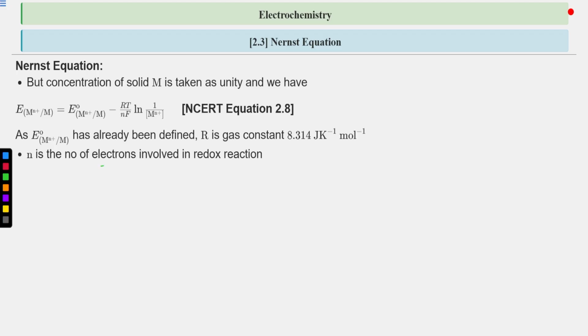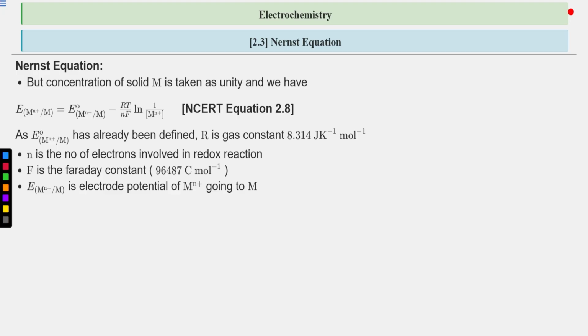N is the number of electrons involved in the redox reaction, which our species is either gaining or releasing. F is the Faraday constant, whose value is 96487 coulomb mole inverse.